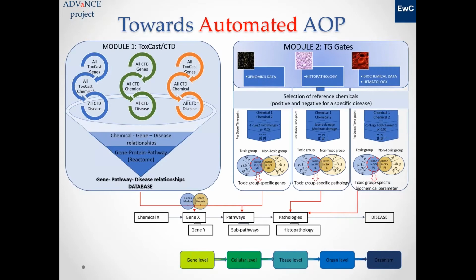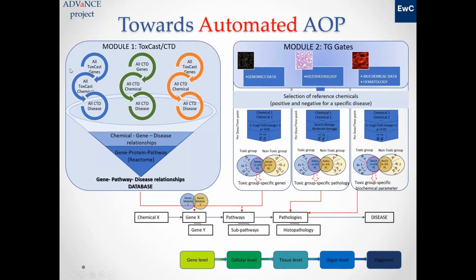The goal in the future may be to create a tool and application on top. So far, it's just a series of scripts. But today in this presentation, I'll illustrate the usefulness of this semi-automated approach by one use case for non-genotoxic induced hepatocellular carcinoma.